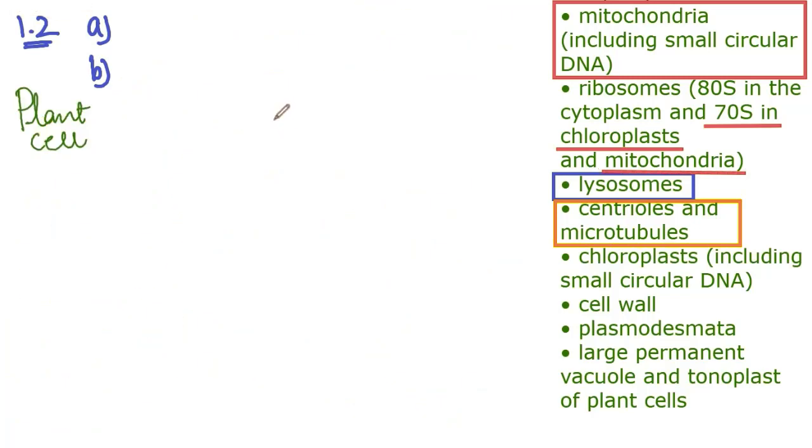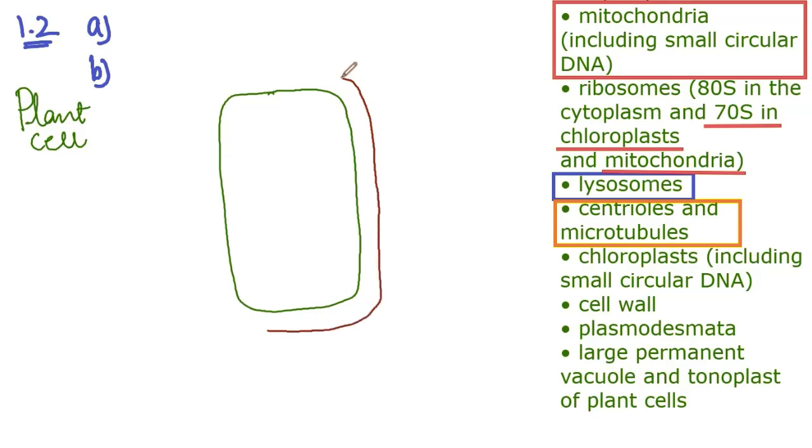Now, about the plant cells, one thing is very clear: plant cells also contain a cell surface membrane. Many students think that plant cells only contain a cell wall and there is no cell surface membrane, which is not true. Also remember, whenever you're drawing a cell wall, especially for paper 3, it should be drawn as a double line, and whenever you're supposed to label it, start the labeling exactly in the center.